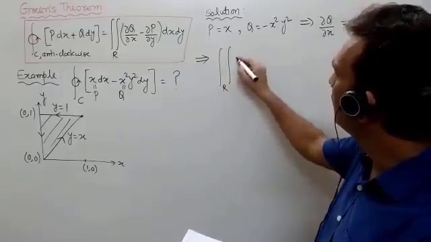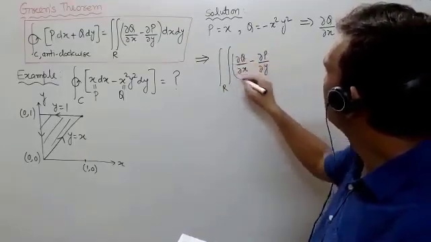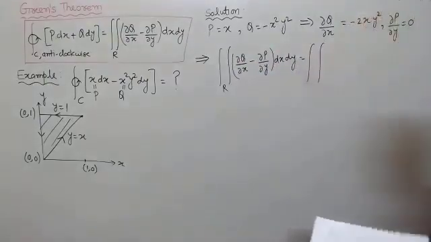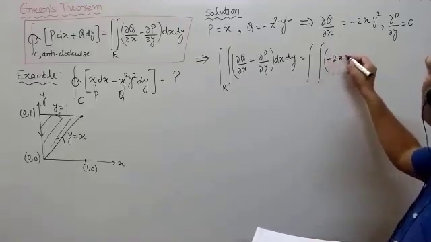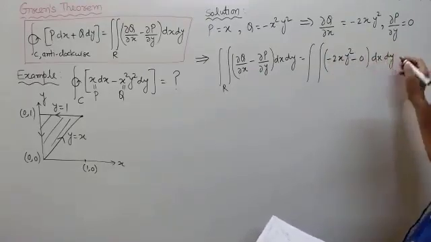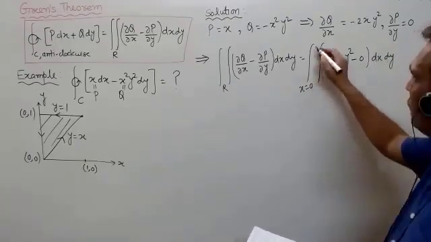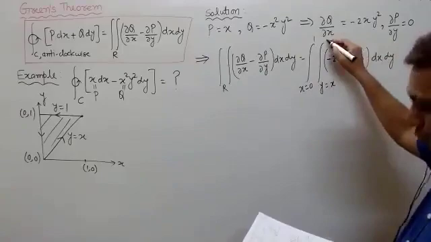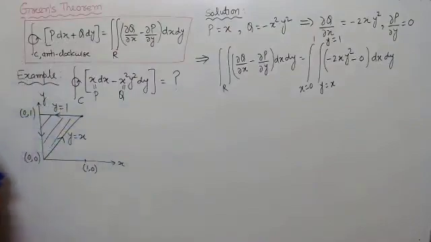Integral del q del x minus del p del y dx dy is minus of 2xy square minus of 0 dx dy. X varies from 0 to 1, and y varies from y is equal to x to y is equal to 1. So evaluate this.